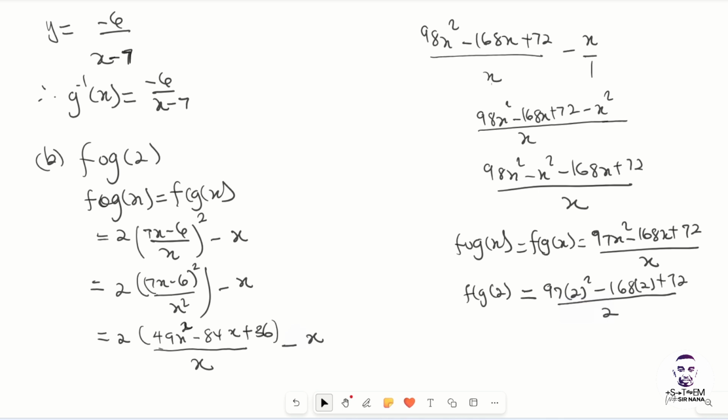Using our calculator, we go through the process to find the value of f of g of 2. You can use your calculator to go through it: 97 multiplied by 2 squared, minus 168 multiplied by 2, plus 72, all divided by 2, and that gives us 62. So f of g of 2 is equal to 62.